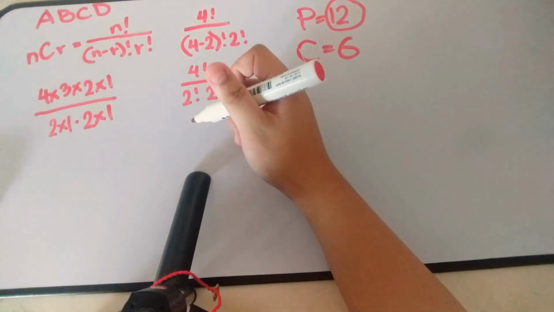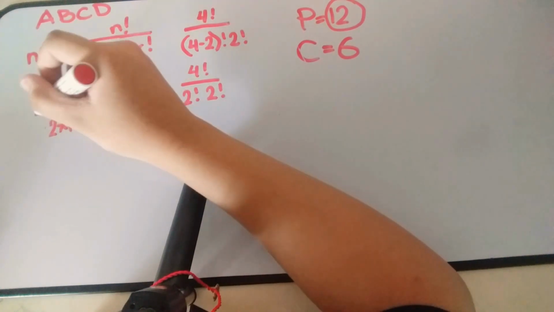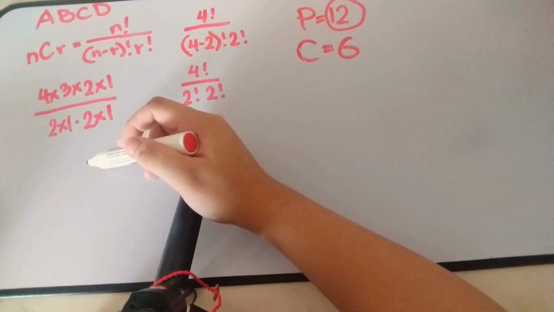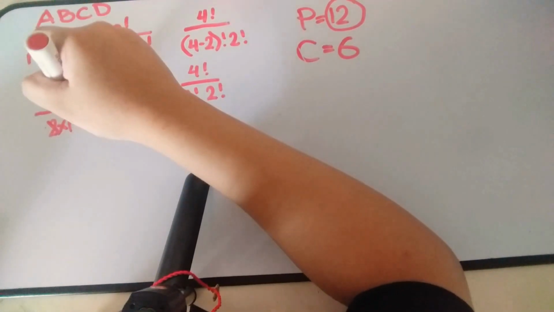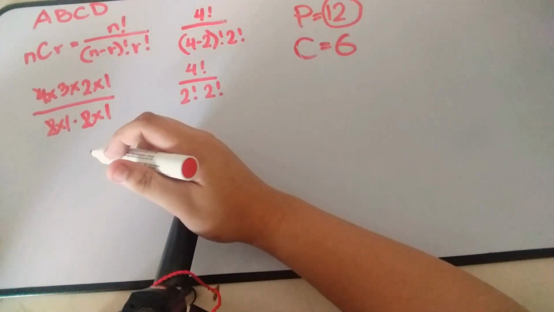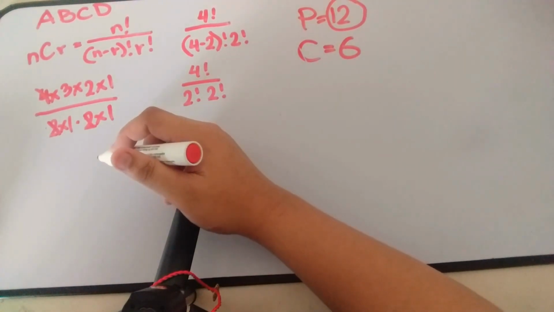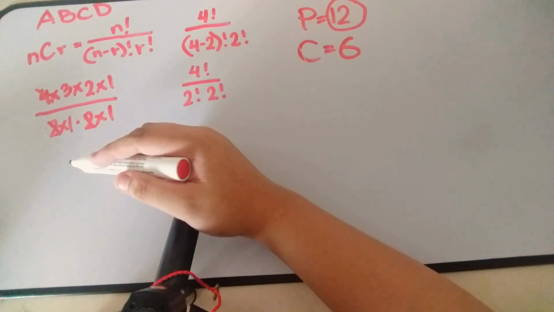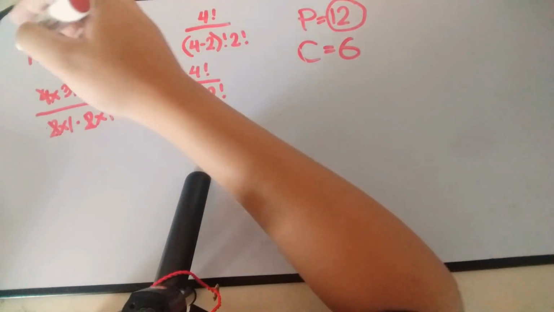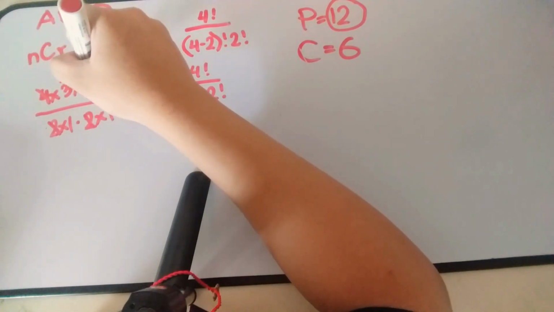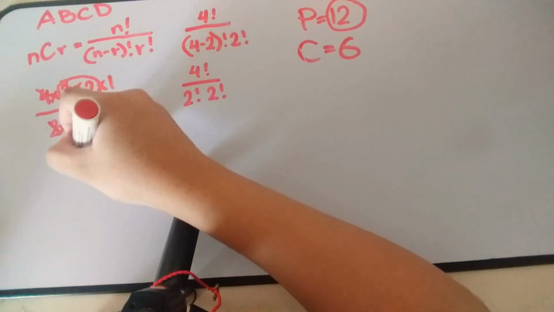It turns out that 2 times 2 equals 4. So we can cancel those 2's with the 4 on top. We can ignore the 1's because 1 times anything won't change the value. So what we have left over is 3 times 2, which is equal to 6.